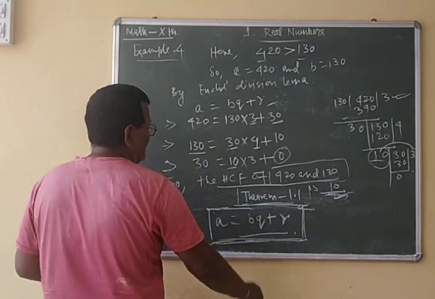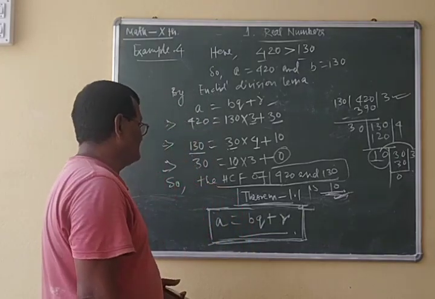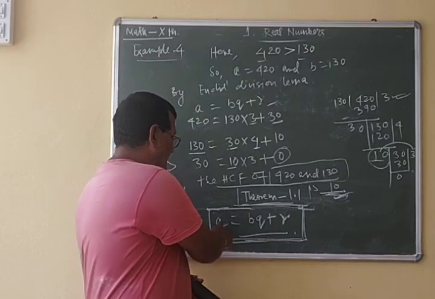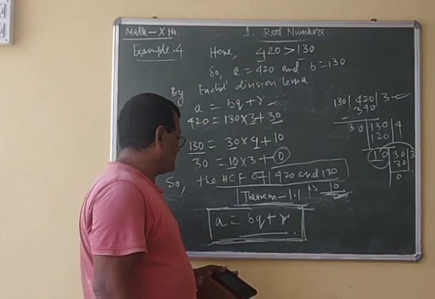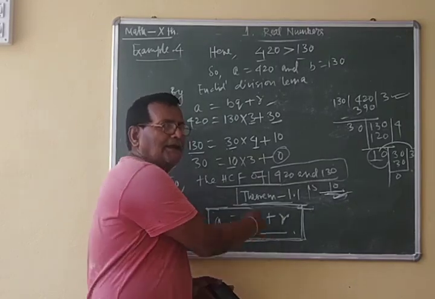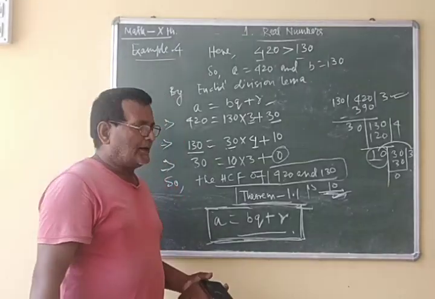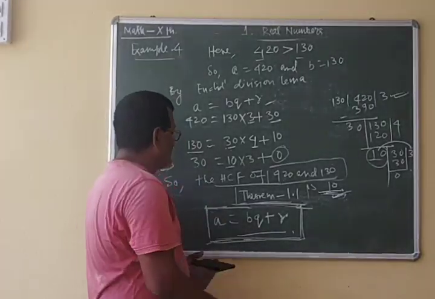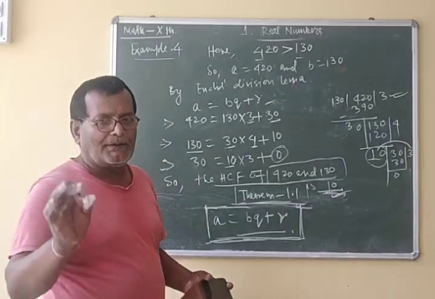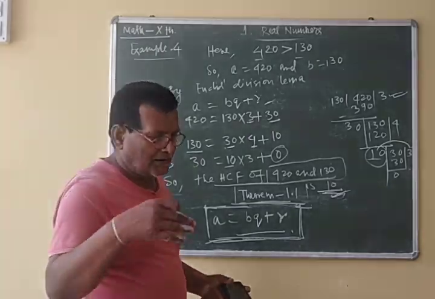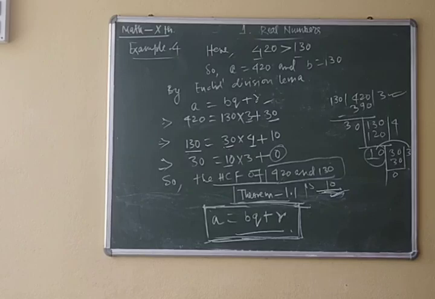So you only have to remember that A equals BQ plus R. For any two numbers A and B, there exist numbers Q and R such that A equals BQ plus R. This is a lemma, not a theorem. But in the NCERT book, it is called a theorem. It is a lemma, a proven statement. You are clear.